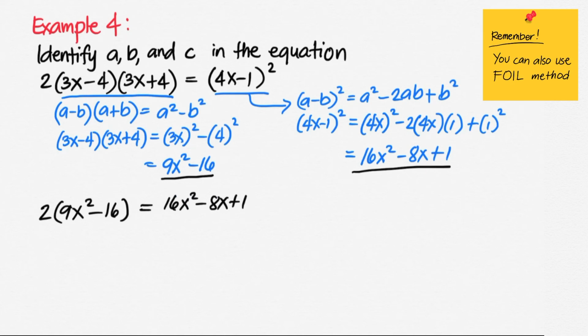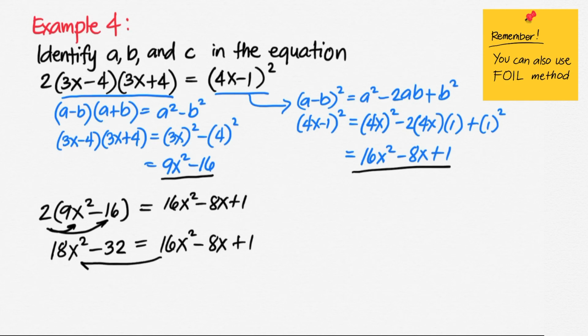So we distribute 2. 2 times 9x squared is 18x squared. 2 times negative 16 is negative 32 equals 16x squared minus 8x plus 1. Let's move the terms from the right to the left.